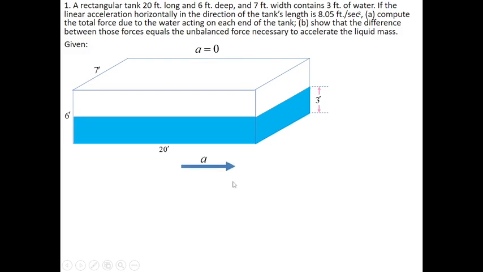Kapag na-accelerate yan, in the direction of the tank's length, parallel sa 20 feet na length, 8.05 daw eh. Mabilis yan. 8.05 feet per second squared. Take note, constant yan ha. Constant acceleration.